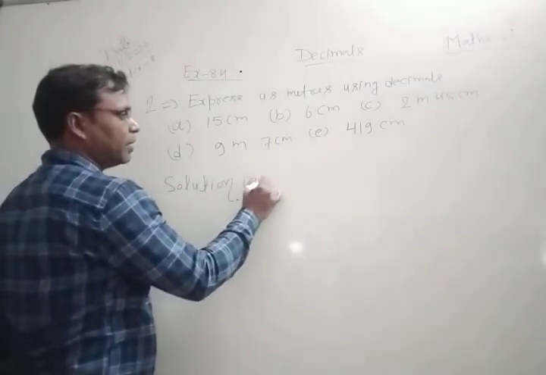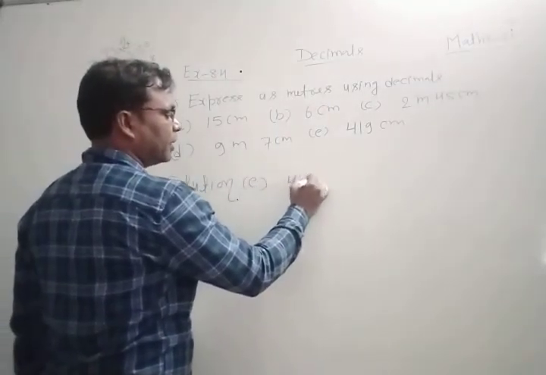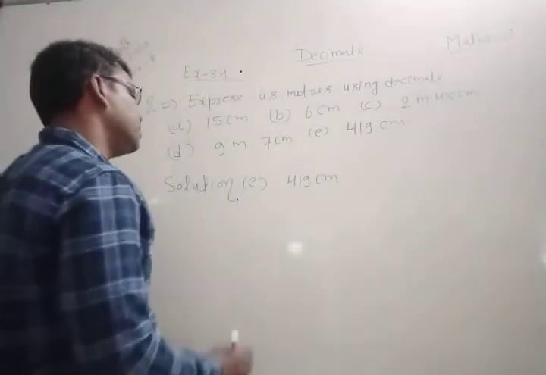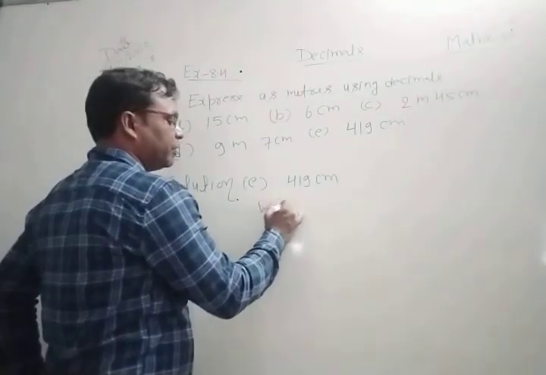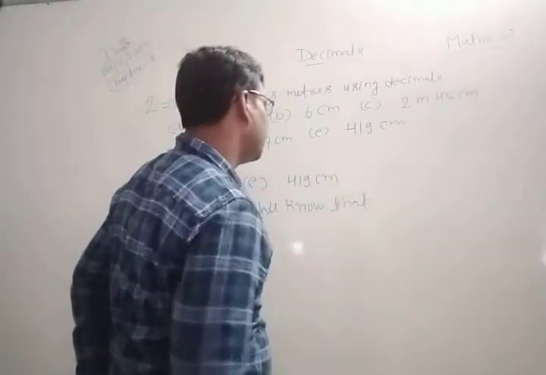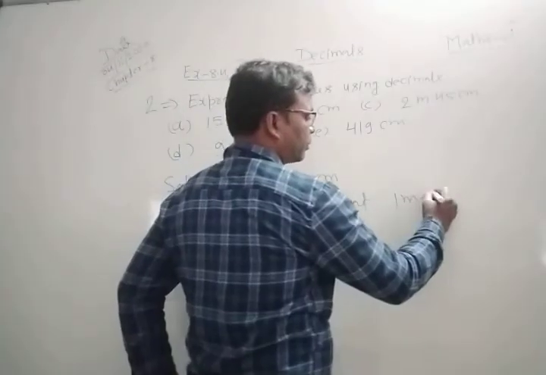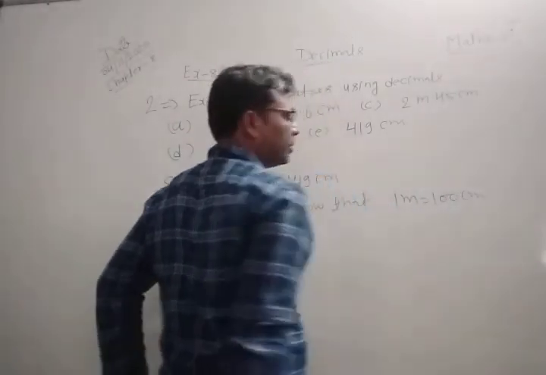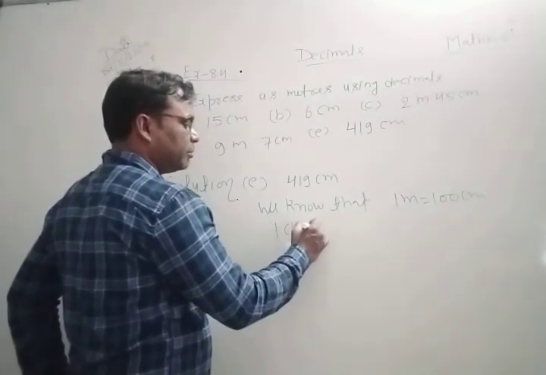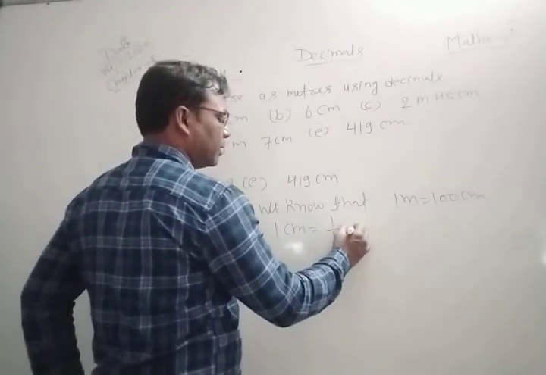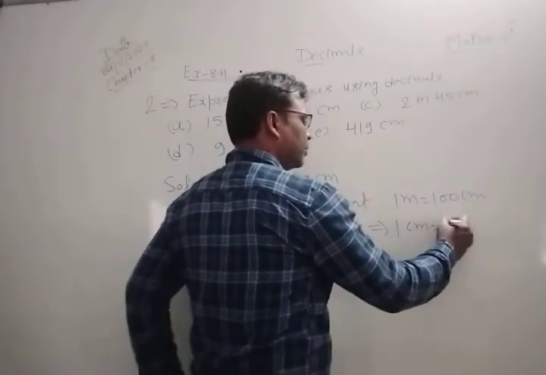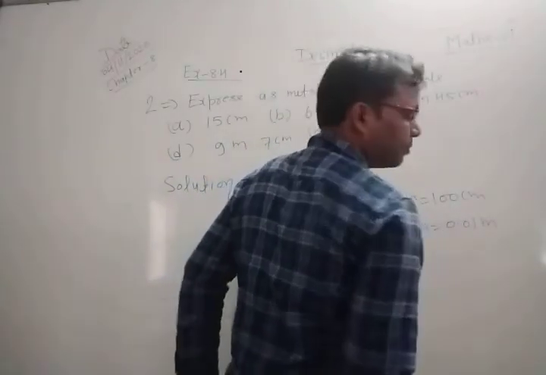So we know that 1 meter is equal to 100 centimeters, or also we can write 1 centimeter is equal to 1 upon 100 meters. You can write 1 centimeter is equal to 0.01 meters.